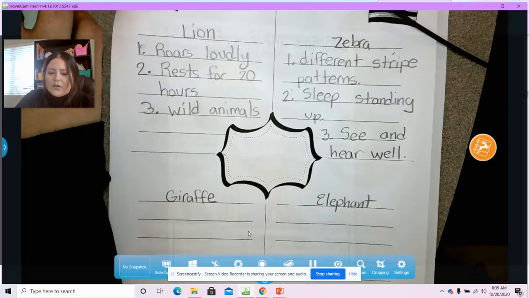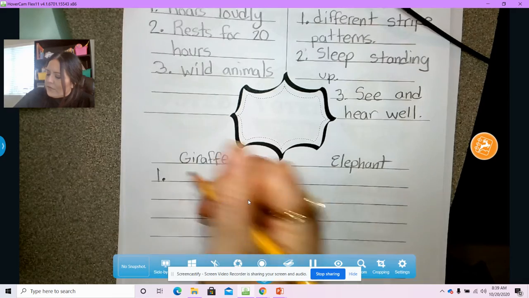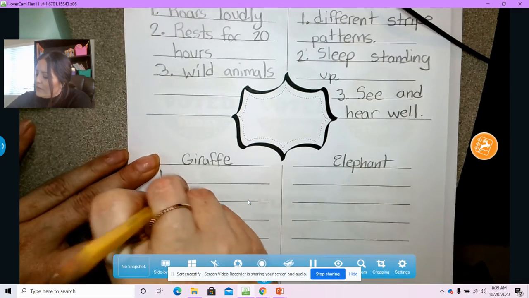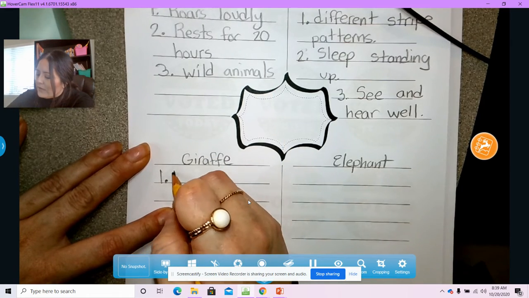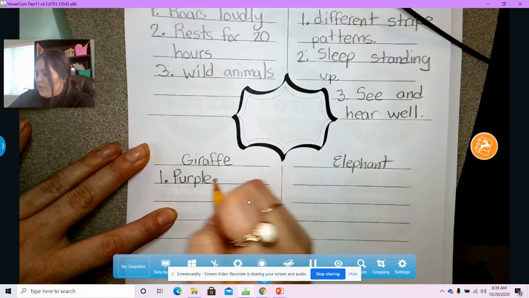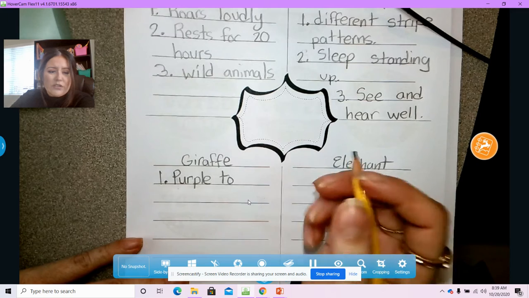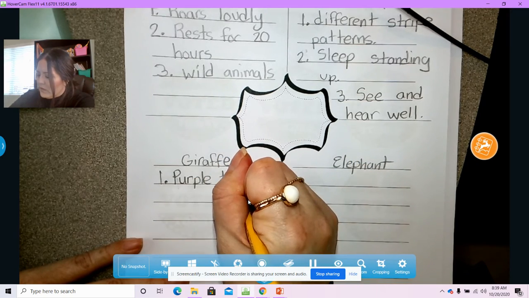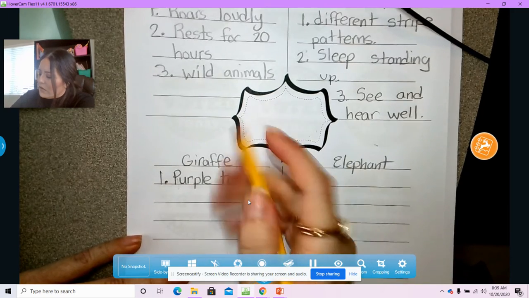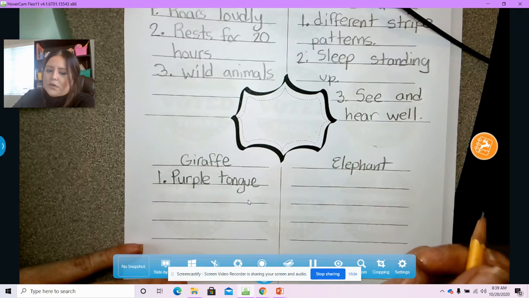All right, let's go ahead and write about the giraffe. The giraffe has a purple tongue. Now, we're not going to write a complete sentence here. We're just writing notes. Purple tongue. This isn't a complete sentence, right? We're just writing some short notes. Has a purple tongue.